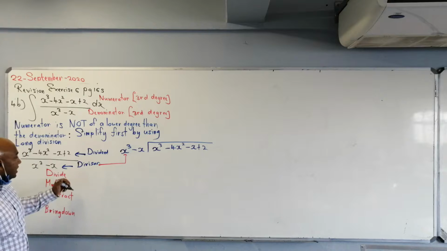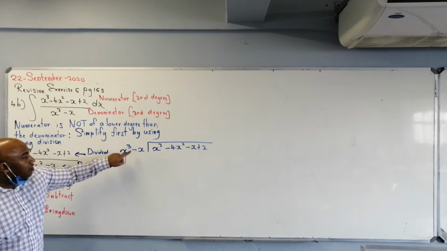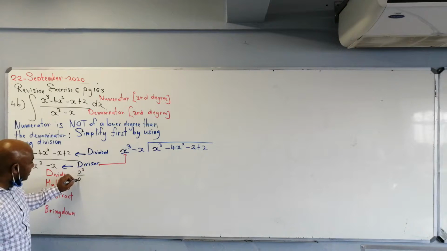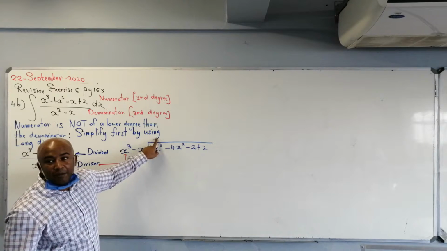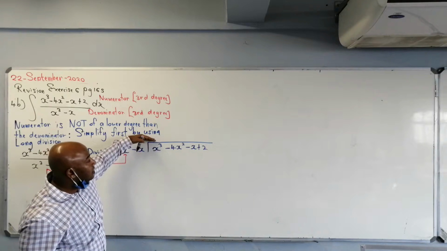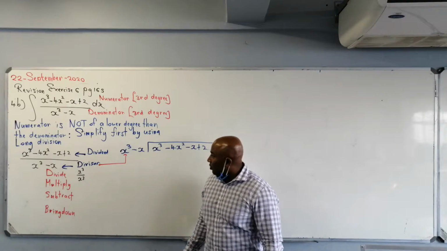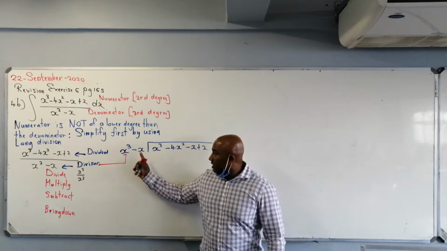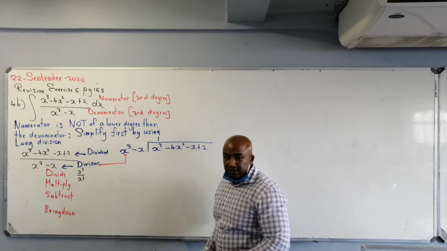So the dividend there is x cubed, and you're dividing it by x cubed, and the result goes directly above here. This is going to be called the quotient. Okay, that is the answer to division. So x cubed divided by x cubed is equal to 1.